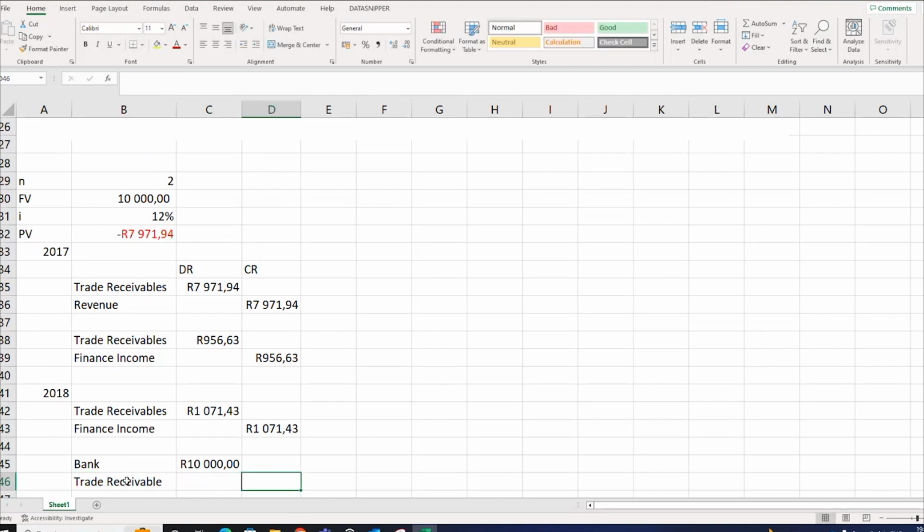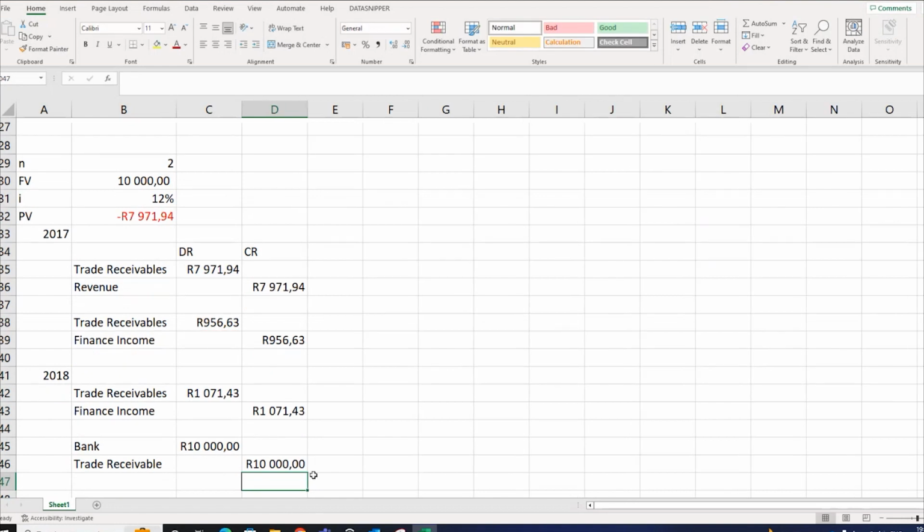So we no longer have a receivable. And if you look at it, the amount of the receivable is equal to all the receivables that we've been recognizing over the past 2 years, and that gives us 10,000 Rand. So we've got the cash, de-recognize the receivable, then we're done with that.